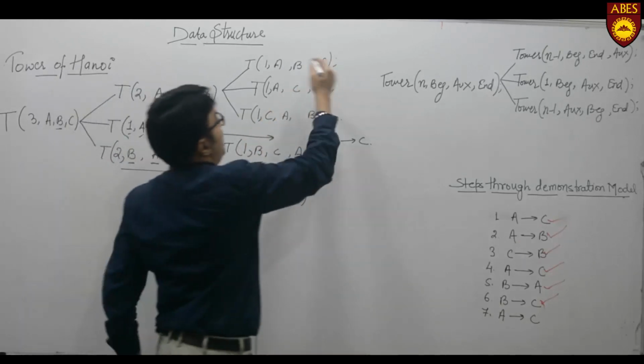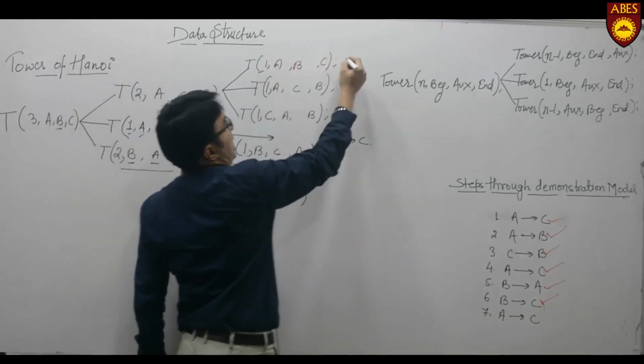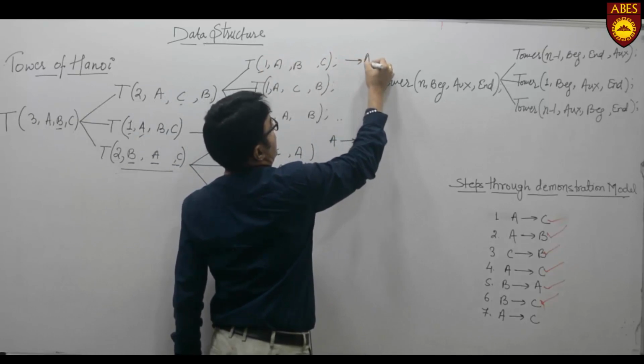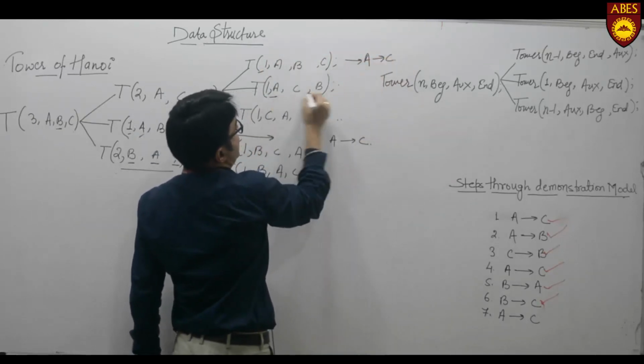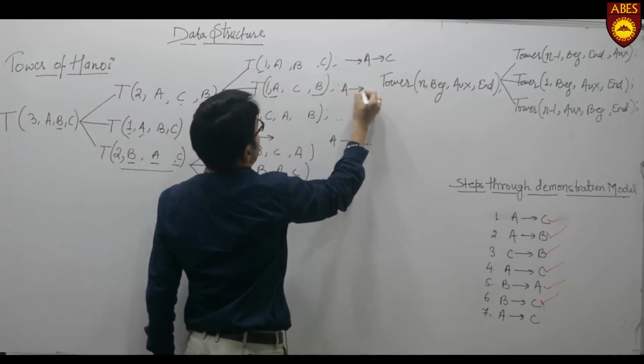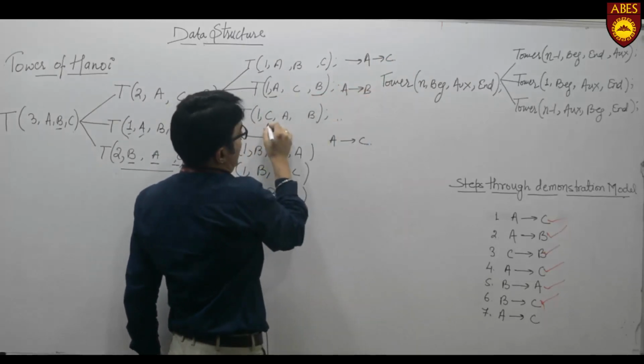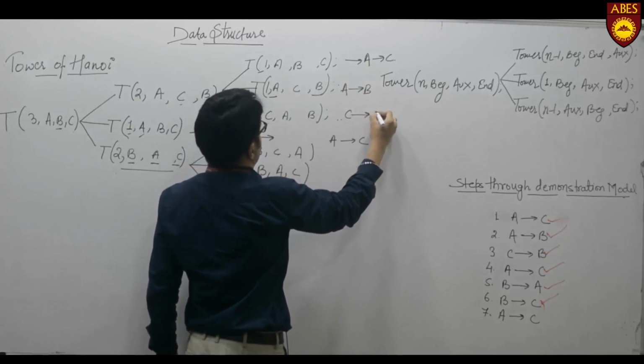Now starting again, only one disk is there, so the answer will be from A to C. With one disk, the answer will be from A to B. One disk, from C to B.